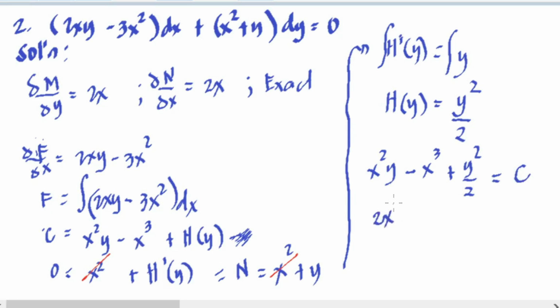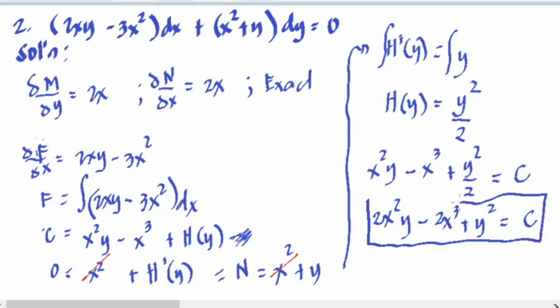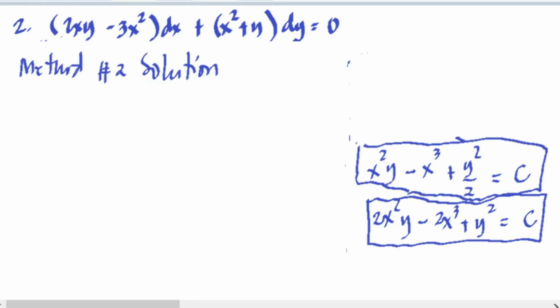So we have 2x squared y minus 2x cubed plus y squared is equal to c. So you already have your answer. Okay? So that's another example of an exact equation. Let's continue on.